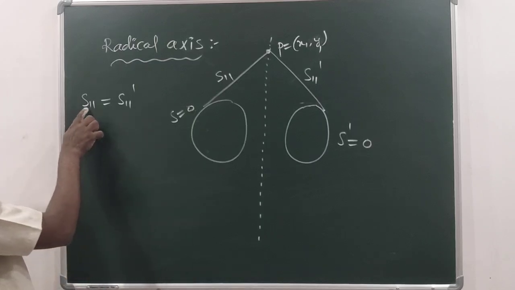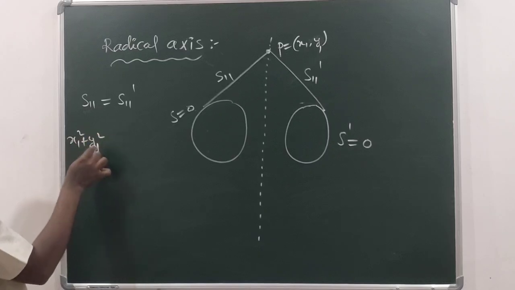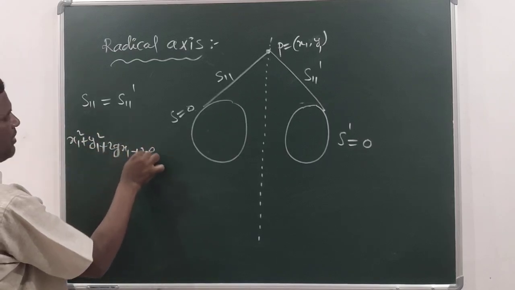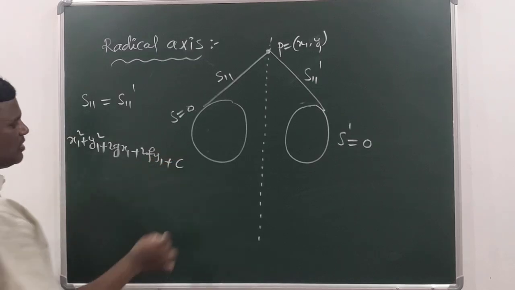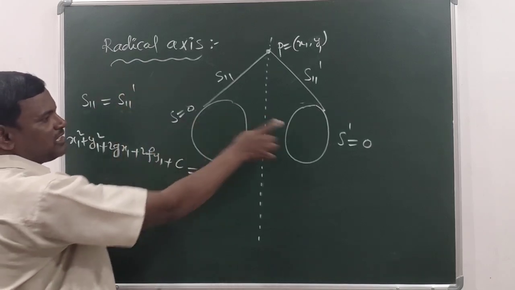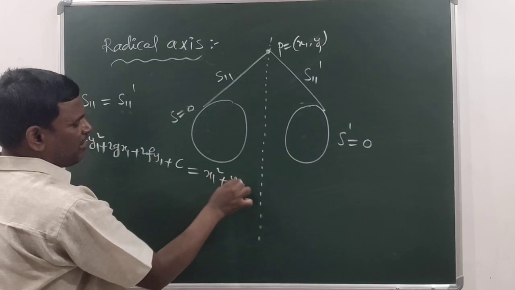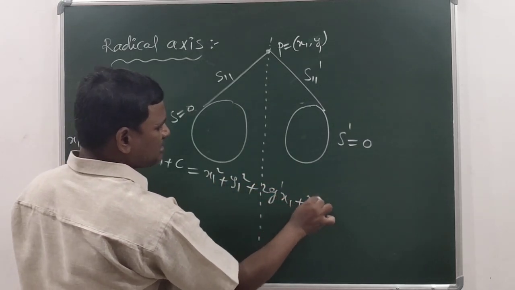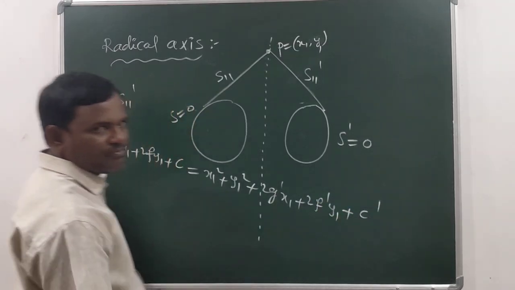You know students, S11 is nothing but x1 square plus y1 square plus 2gx1 plus 2fy1 plus c. Now which is equal to, what is S11 dash? For the second circle power, x1 square plus y1 square plus 2g dash x1 plus 2f dash y1 plus c dash.